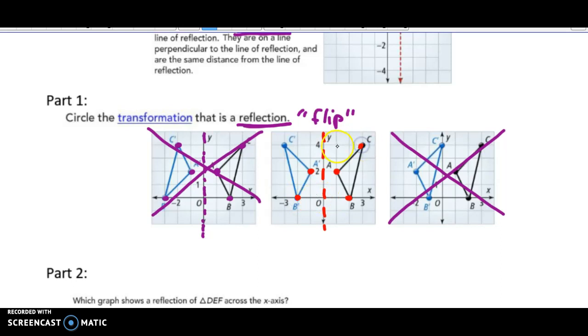Point C is 3 units away from the line of reflection, and C prime is 3 units on the opposite side. So this would be an excellent example of a flip. And imagine folding this coordinate plane up on this line. A and A prime would match up, C and C prime would match up, and B and B prime would match up.